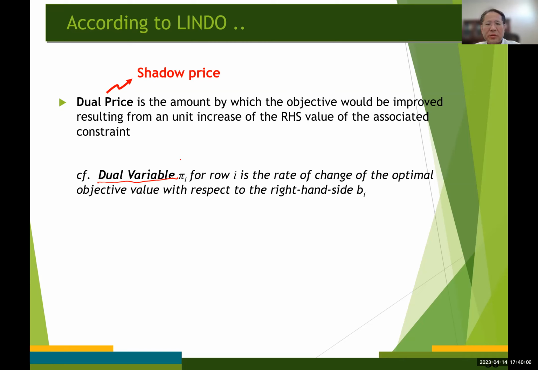So the dual variable represents the rate of change of the optimal objective value with respect to the right-hand side values, okay? And the dual variable is also known as the simplex multiplier, which is represented by pi sometimes. But anyhow, now we are interested in what is called dual price, okay?